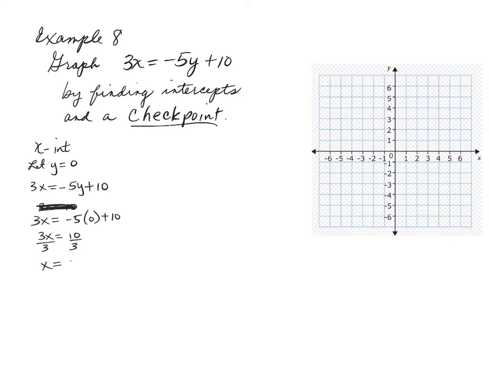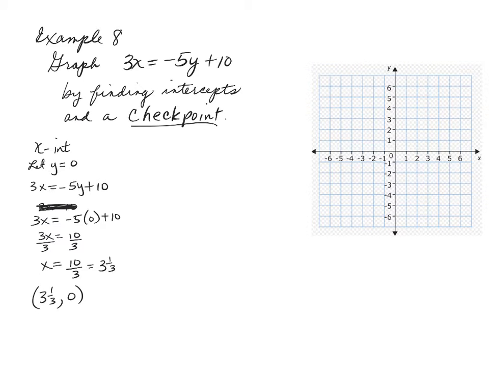X equals 10 over 3, which is 3 goes into that 3 times and a third. So the x value is 3 1/3, and y is 0. That's going to be the x-intercept.